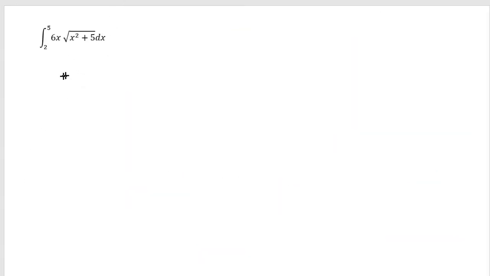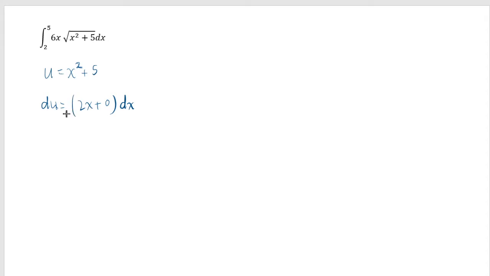Okay, for this one you have something that looks like an inside function, and the derivative of this is 2x, and 6x is quite similar to 2x, right? 6x is just a constant multiple of 2x. In that case, you use the u substitution. So let's try the u substitution. u equals x squared plus 5. And then du is the derivative of this, which is 2x plus 0, and then you multiply by dx.